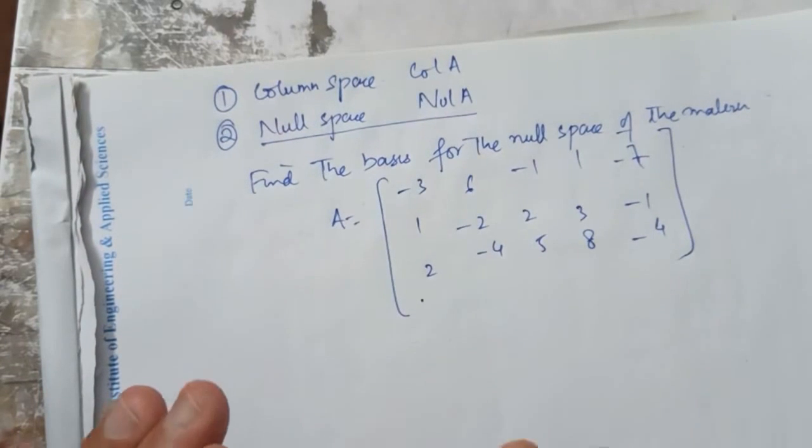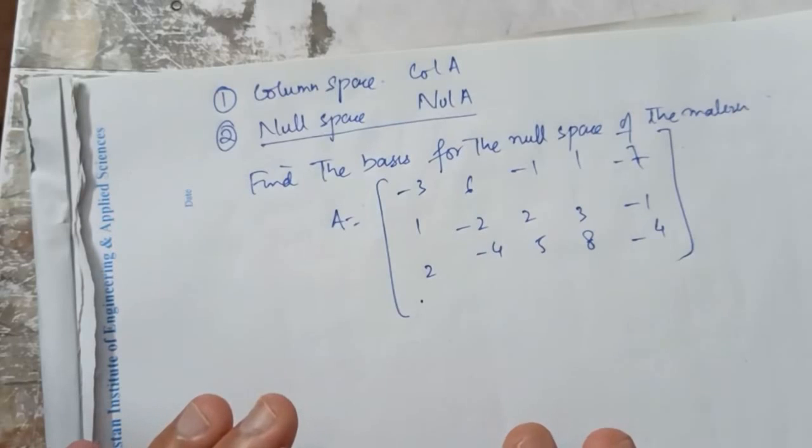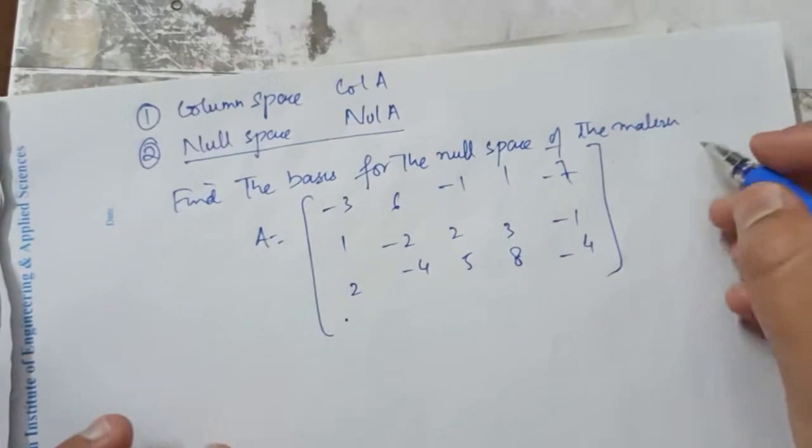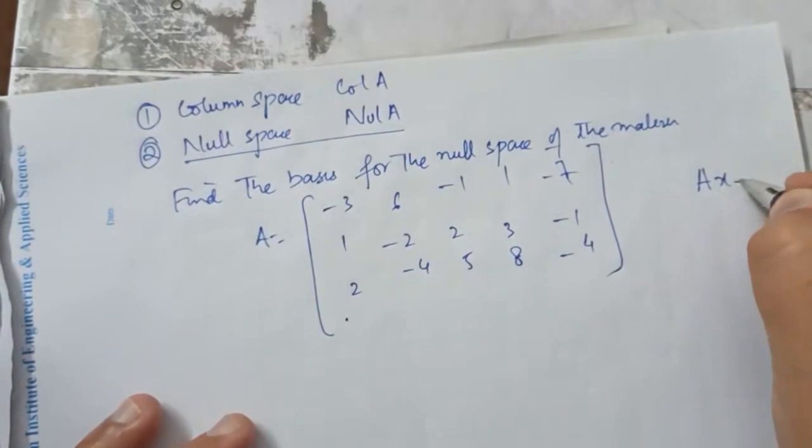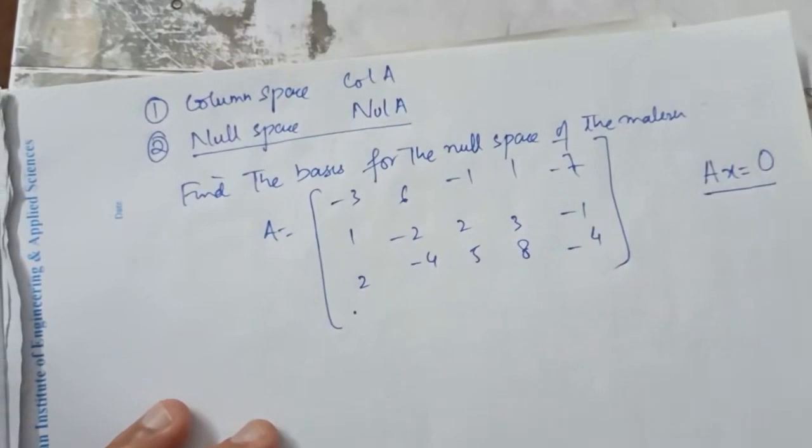The null space is nothing but all the possible solutions x for which Ax equals 0.